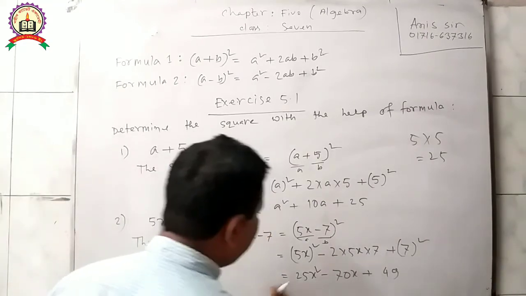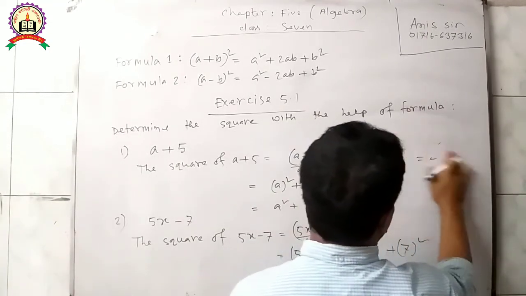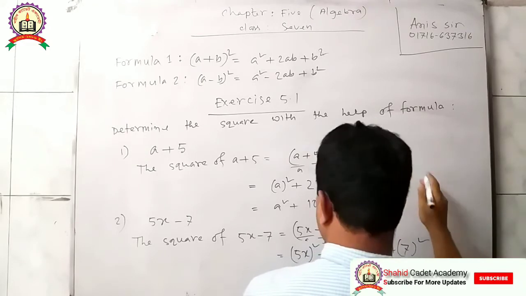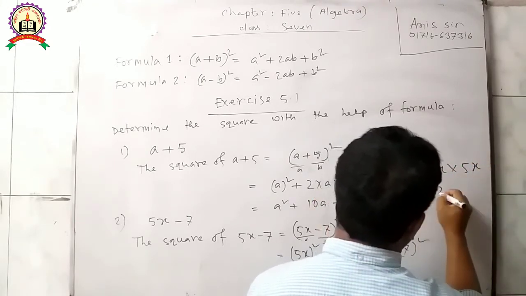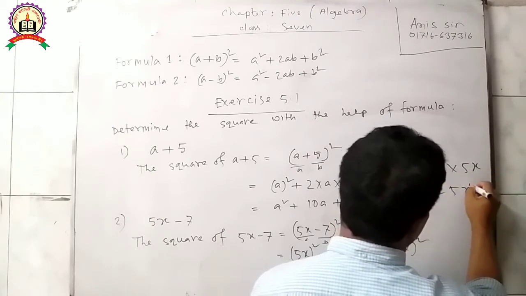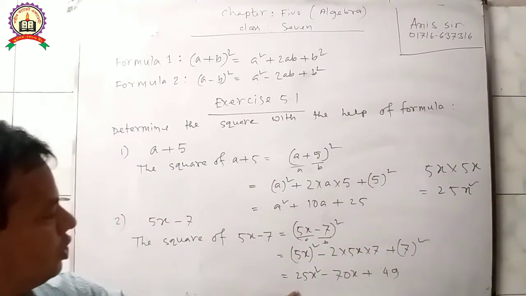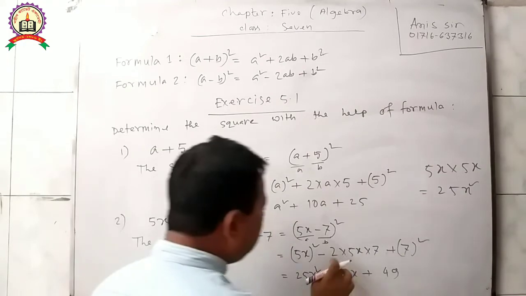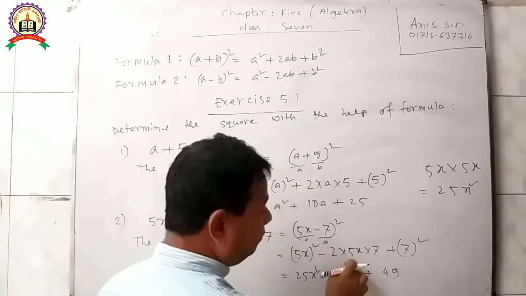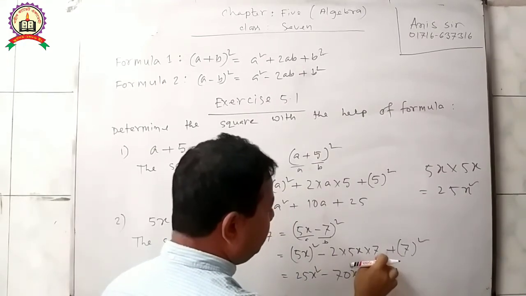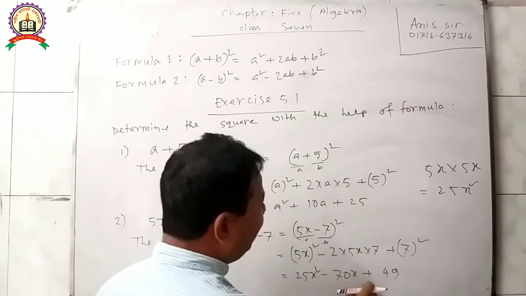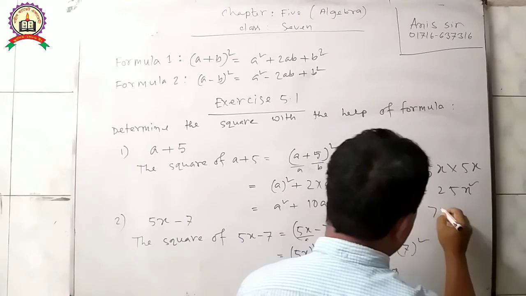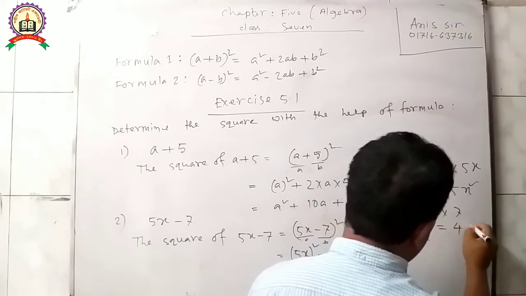So if we calculate, 5x whole square, that means 5x into 5x equal to 25x square, minus 2 into 5 into 7, 70, 70x, plus 7 whole square, that means 7 into 7, 49.